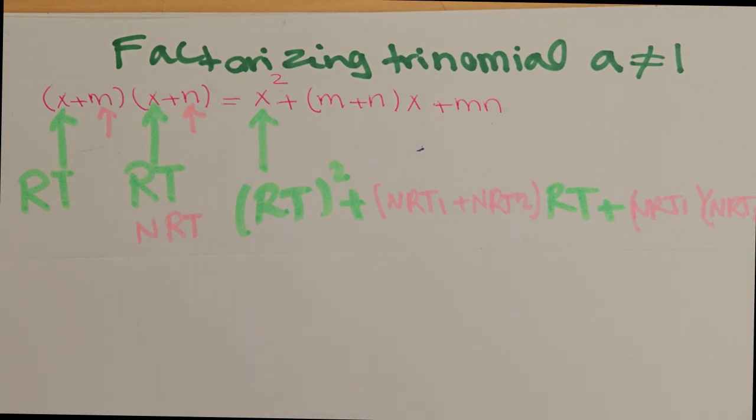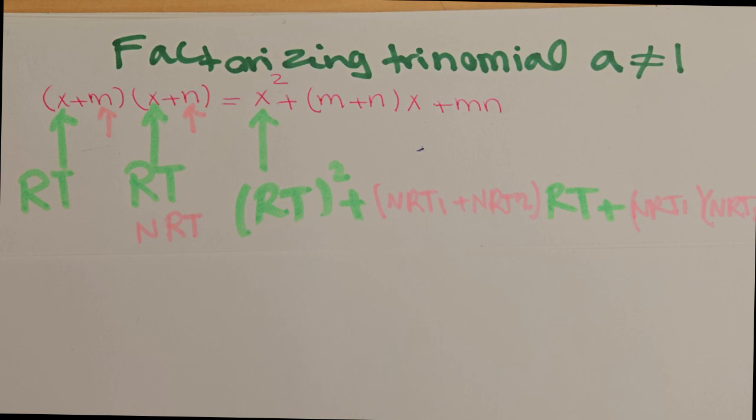This is how you can look at a trinomial from a different perspective. This is the most general form of a trinomial that you can use. You can apply this identity to factorize it.